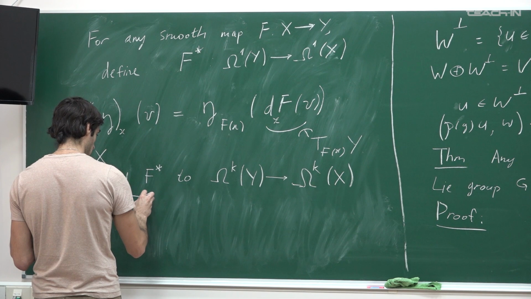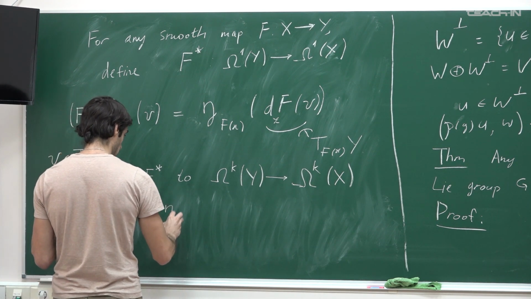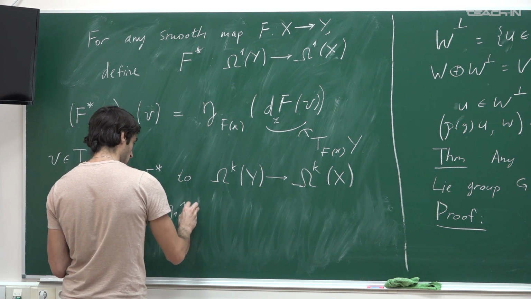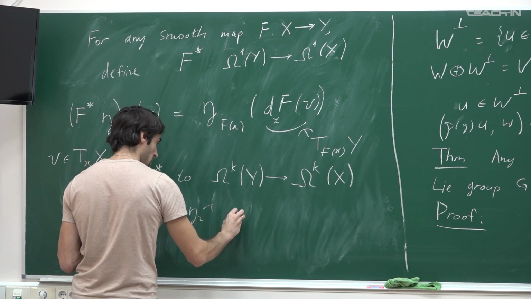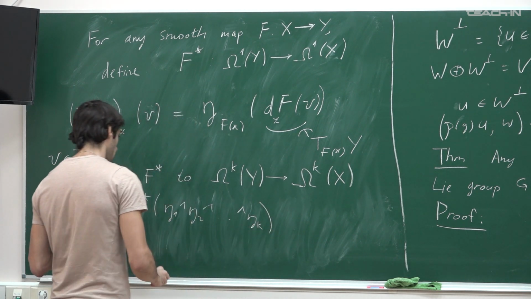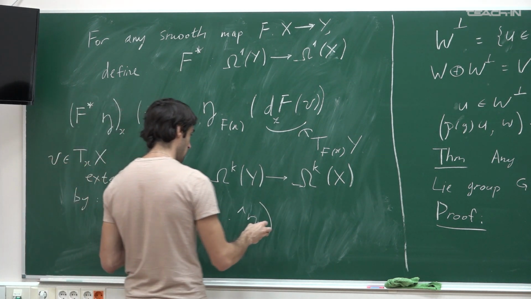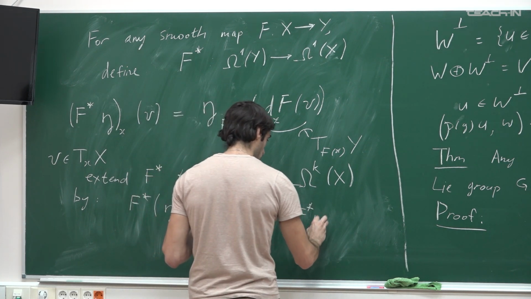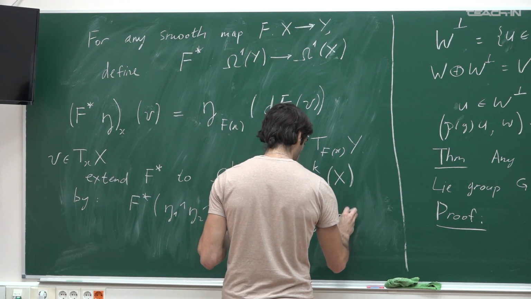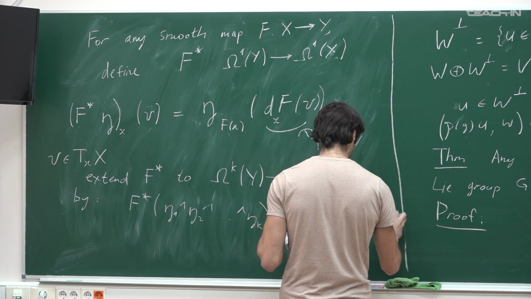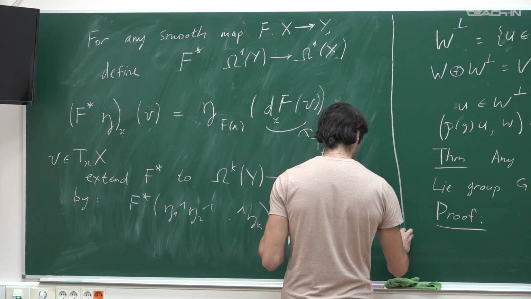So if I have k 1-forms, eta 1 through eta k, then I will just take f star of eta 1, f star of eta 2, and so on, up to f star of eta k.